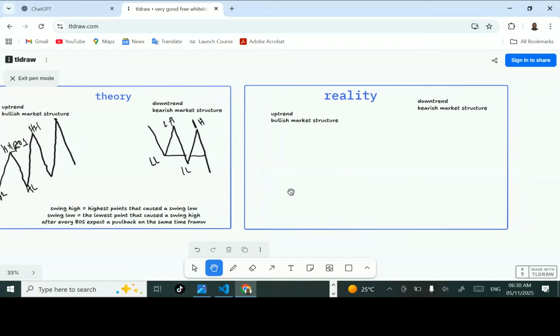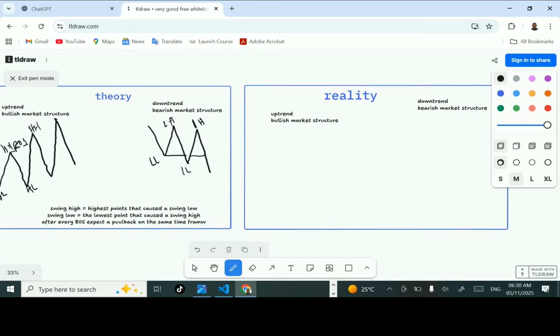Now, you are finding out that this is theory, but in reality, how does the market move? In an uptrend, if we have obtained our first point as a high, we expect another point to be a higher low, then we expect another point to be a high.